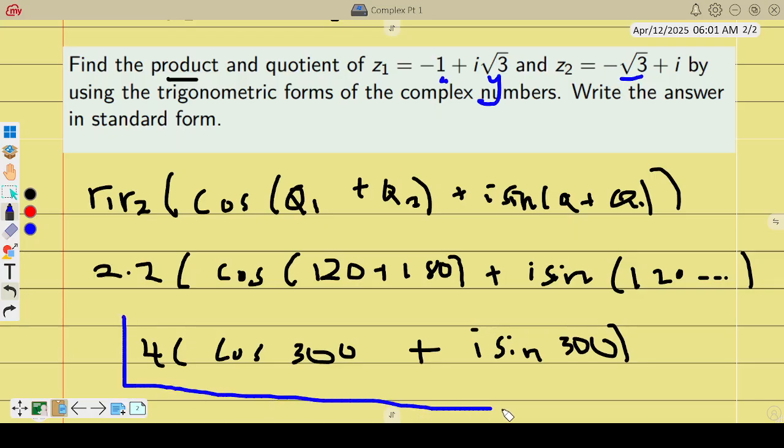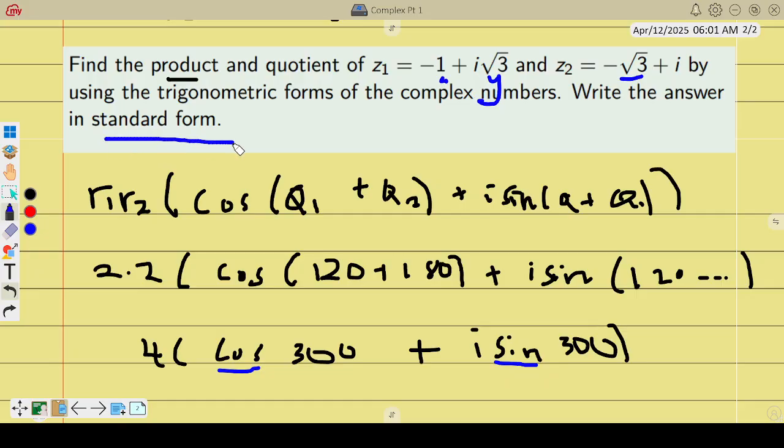So we're not done. We're having a cos and the sine, so we're still in polar form. So they said we should leave it in standard form. Means we leave it in trigonometric form.